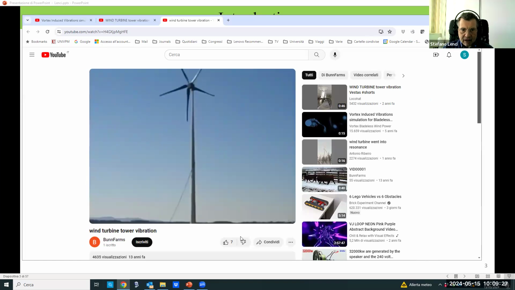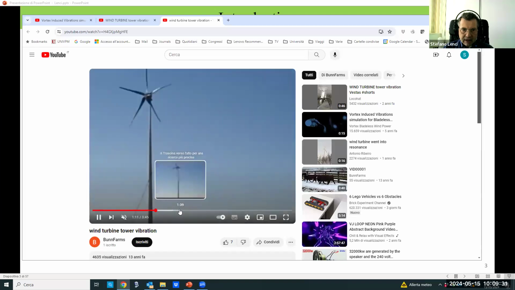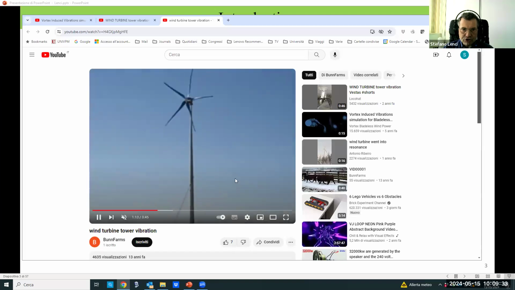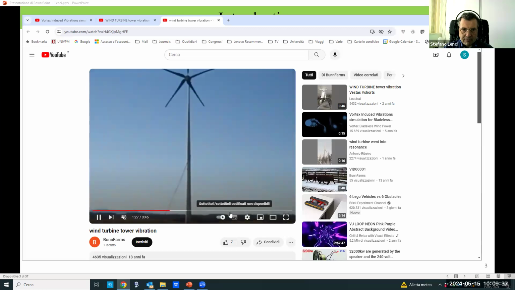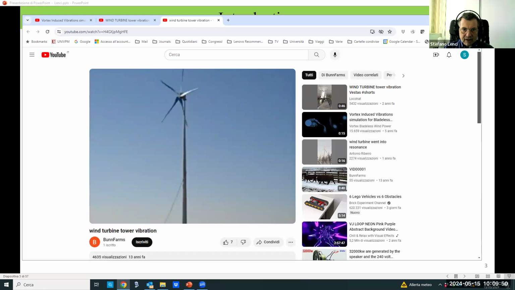When the wind turbine tower starts to have really huge oscillations, basically because of its slenderness, now we start to have big oscillations.